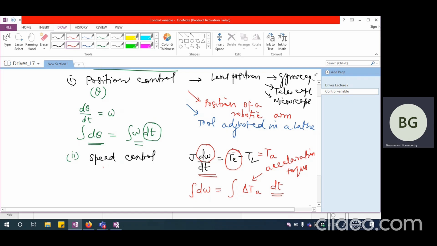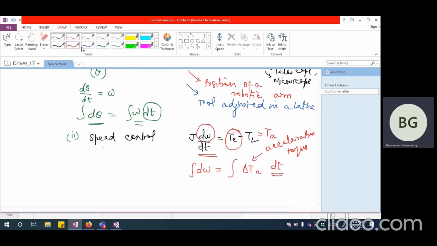So if the torque needs to be controlled, the only thing we need to do is to have the current pumped in or flux established appropriately, because in most of the cases, torque is going to be proportional to the product of flux and current.